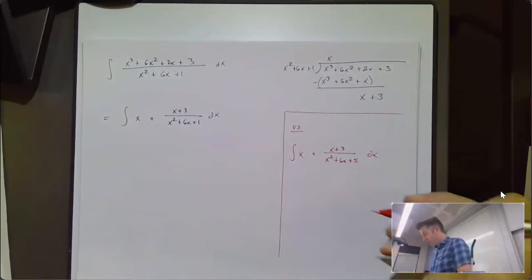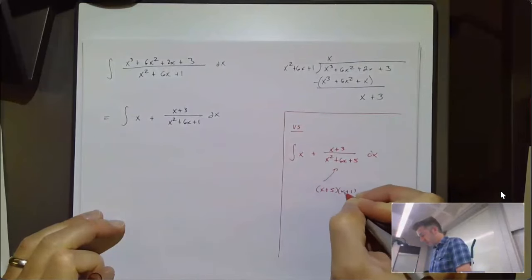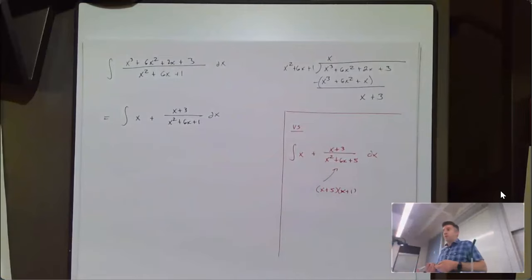This is equal to x plus 5 times x plus 1. And you totally could use partial fractions there. And you shouldn't. Because as I like to say, partial fractions is a method of last resort or later resort. You should exhaust other easier methods first.